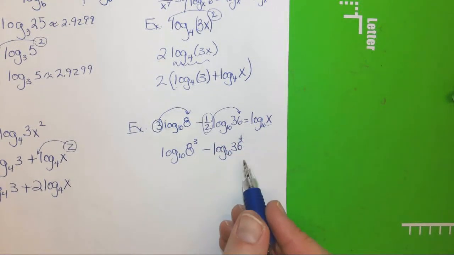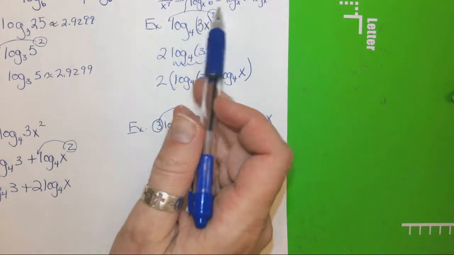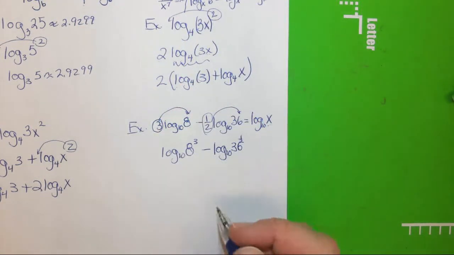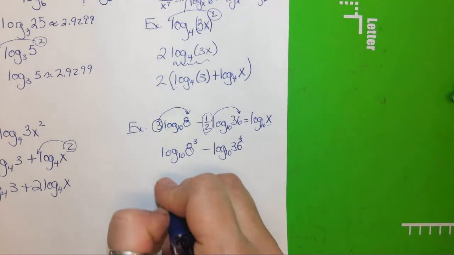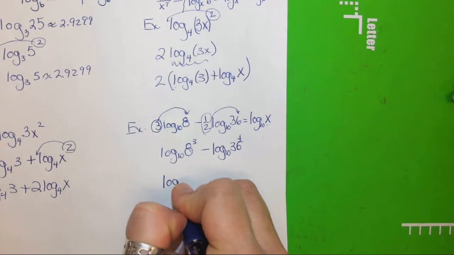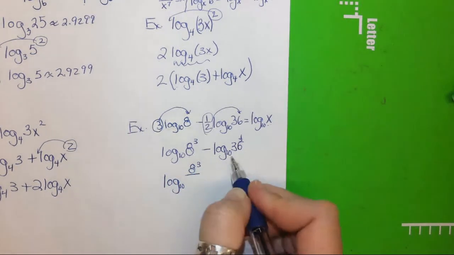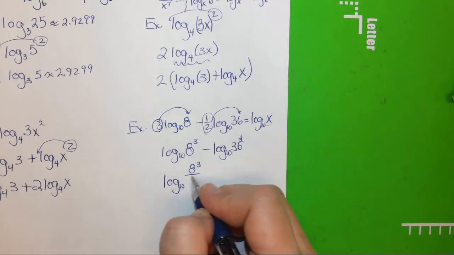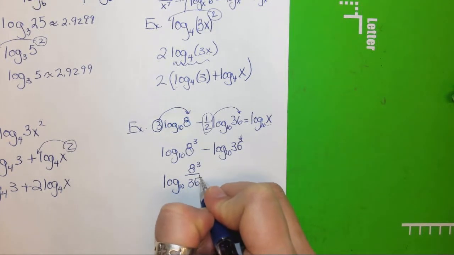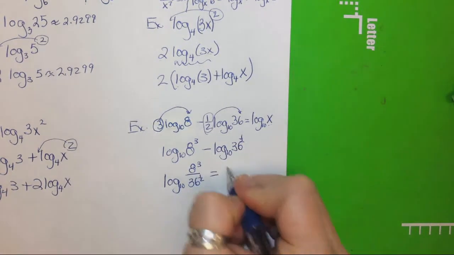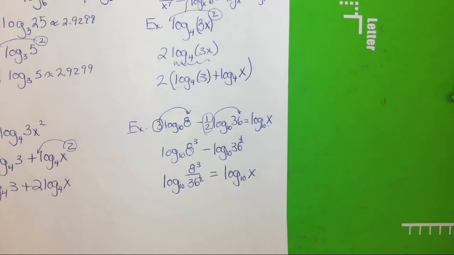Now, subtraction means what? Subtraction means it's our division, our quotient property. So the first one is going to be the numerator. So we have log base 10 of 8 cubed divided by 36 to the 1/2, and that equals log base 10 of x.